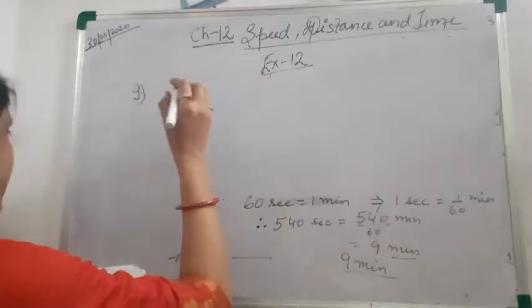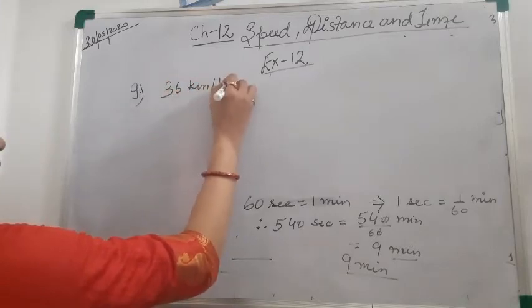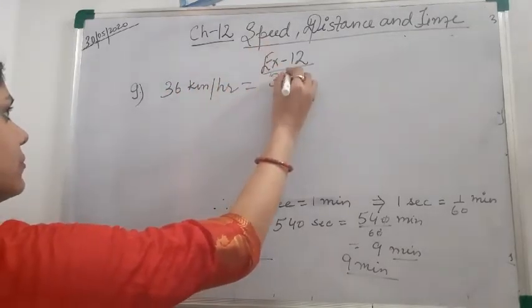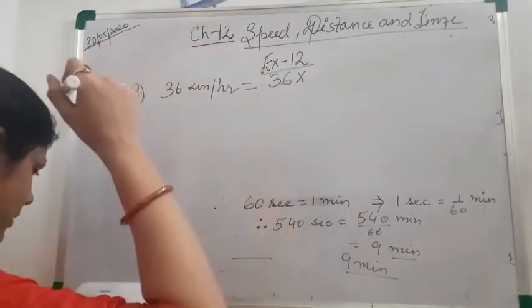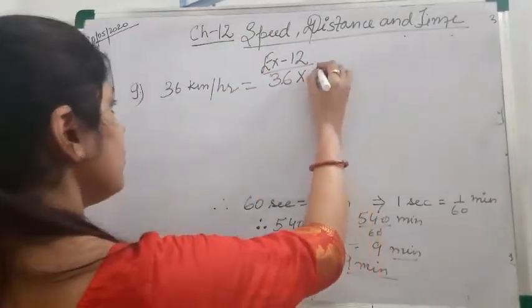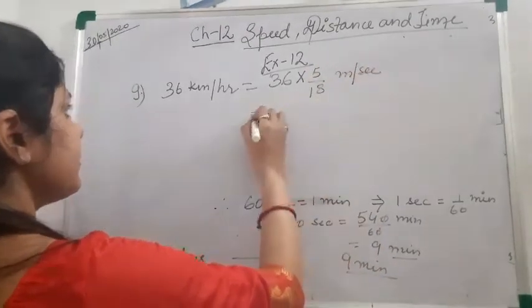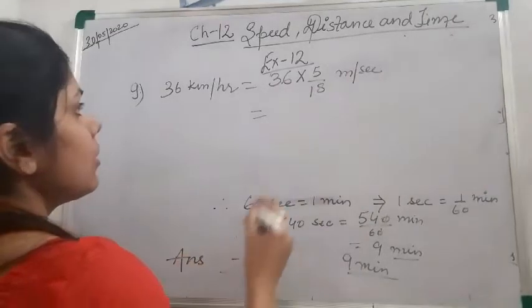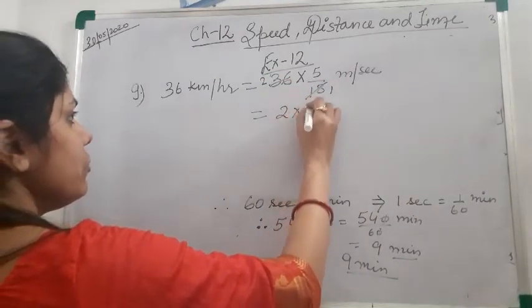Which is more? 36 km per hour is equals to 36 into 5 upon 18 meter per second. 18 ones are 18, 18 twos are 36, so 2 into 5.